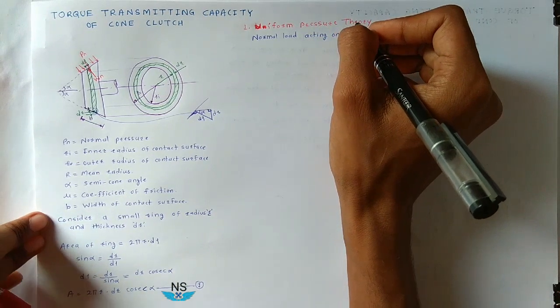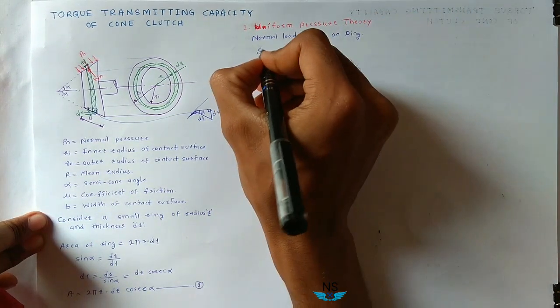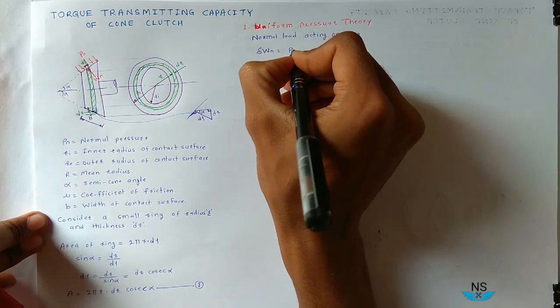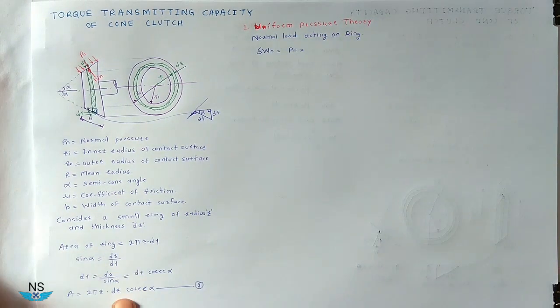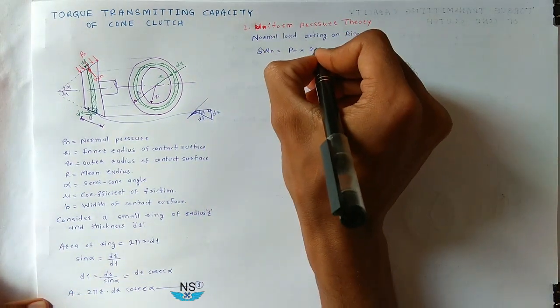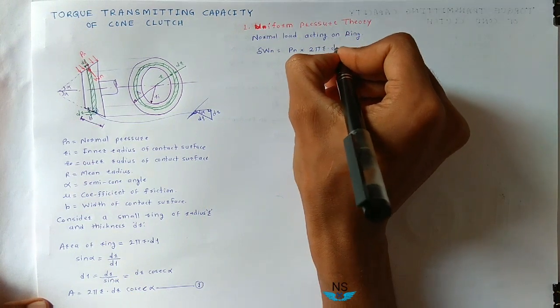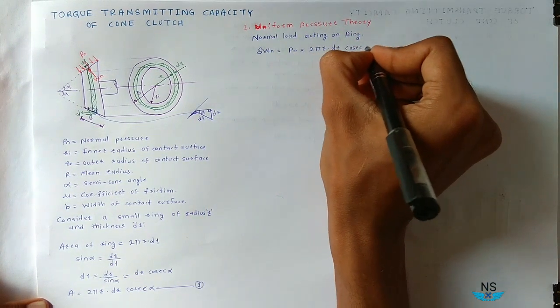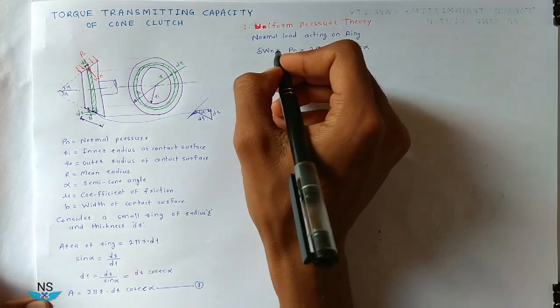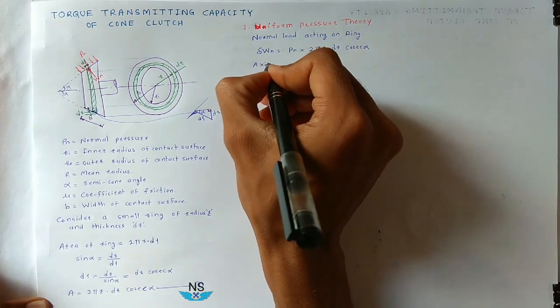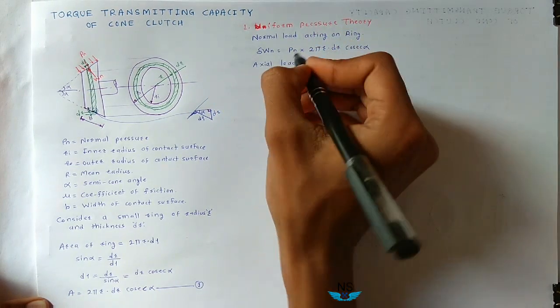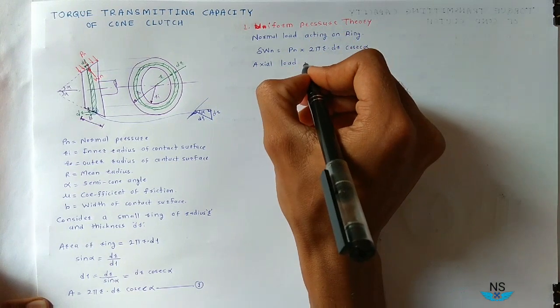So normal load acting on ring, delta Wn is equal to this Pn into this area. So Pn into 2 pi r dr cosec alpha. Now axial load acting on a ring.